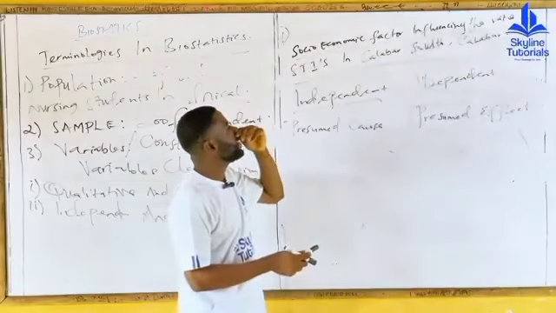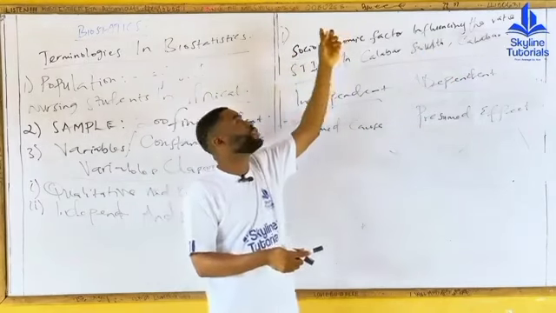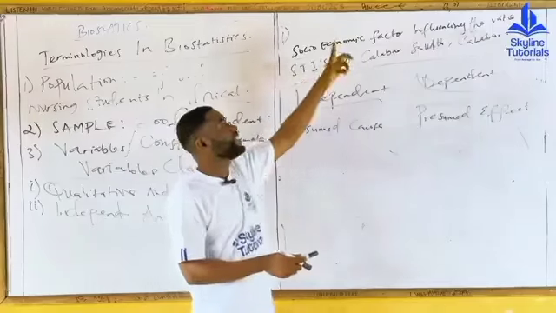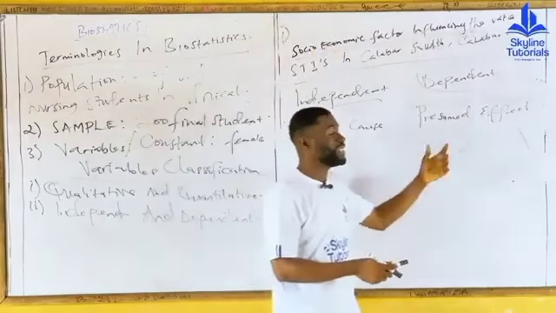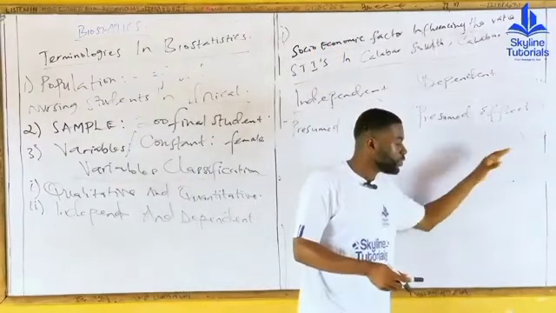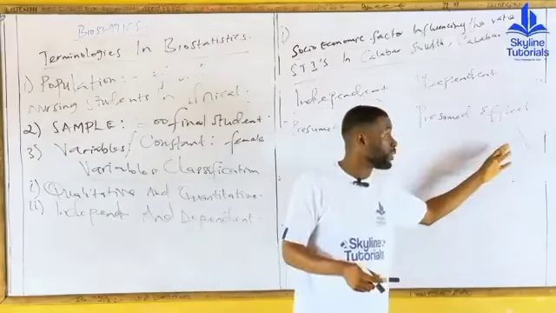So, you would now see that the STI's outbreak is dependent on socioeconomic factor. The STI's outbreak is dependent on this, so it is seen as the presumed effect. The presumed effect. So a cause leads to an effect.